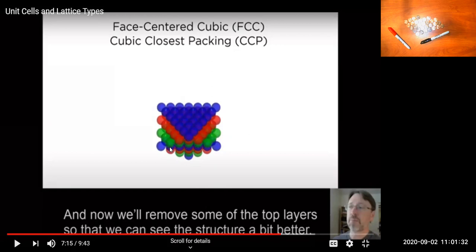Because the unit cell in this case is cubic, because it was a face-centered cubic structure, this is known as cubic closest packing.